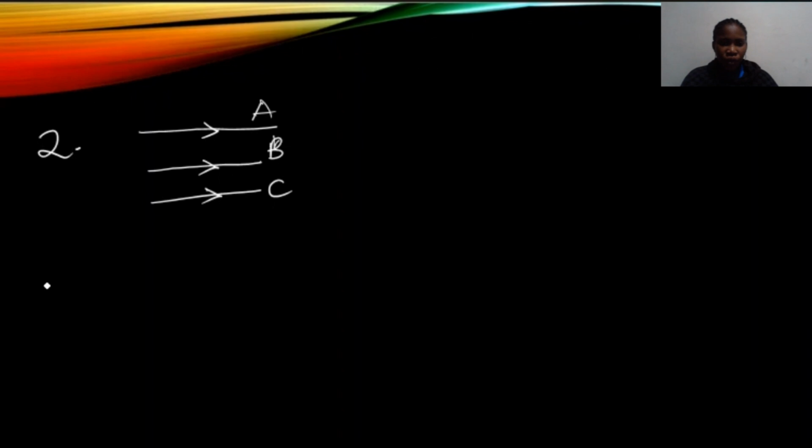Also, our third observation is when two vectors are pointing towards different directions, then one will be assigned as a positive vector and the other will be assigned as a negative vector. So let's take these two.